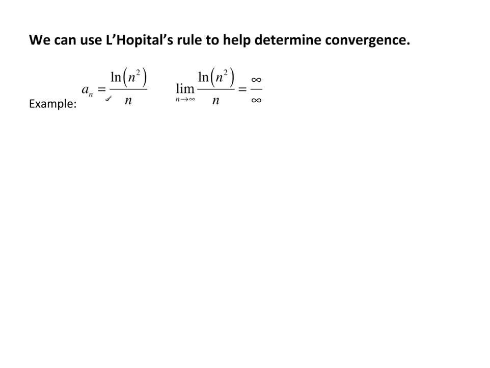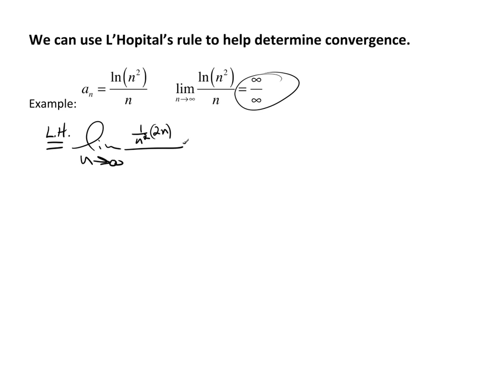As n goes to infinity, ln of n squared goes to infinity, as does n. So this thing goes to infinity over infinity, which is an indeterminate form. So I can say, based on L'Hopital's rule, that this is equal to the limit as n goes to infinity of 1 over n squared times the derivative of n squared, which is 2n, divided by the derivative of this, which is 1.